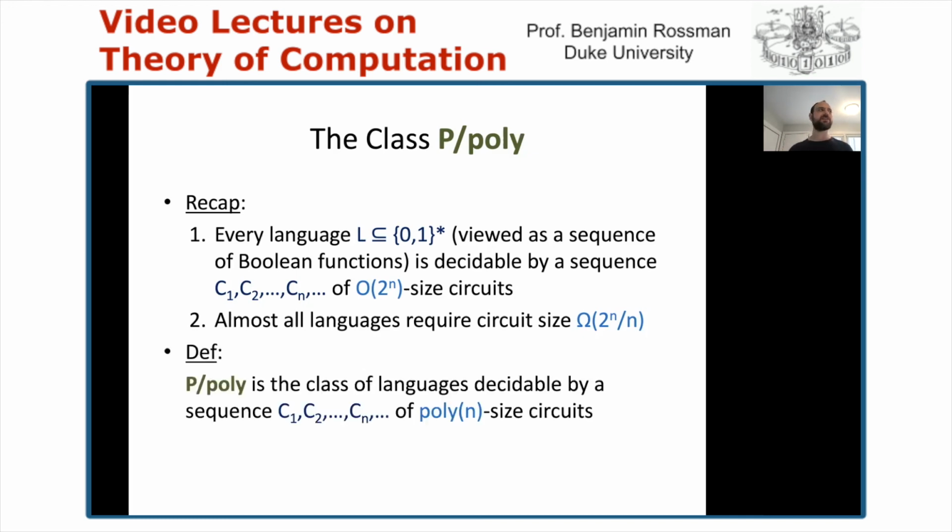This leads us to the definition of the class P/poly: the class of languages that are decidable by polynomial size circuits, much less than the worst possible exponential circuit size. In other words, languages with efficient circuits.